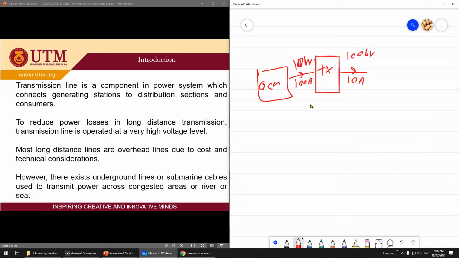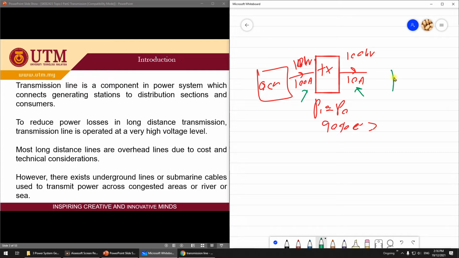Because P in is equal to P out for a transformer. This is the ideal condition, but it's not perfect. Remember, a transformer is around 90% efficiency or higher. To make it easy, P in is the same as P out. You can see here the current is reduced from 100 ampere to 10 ampere.